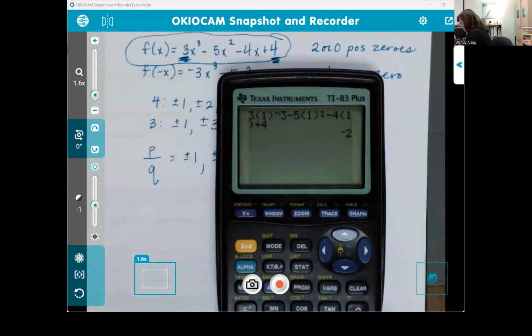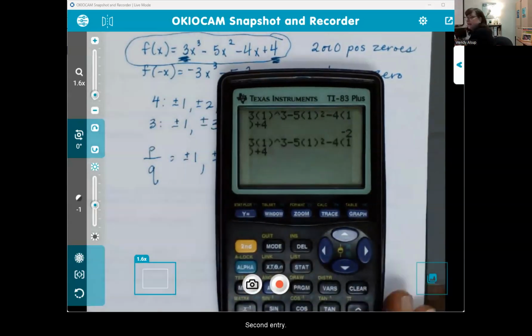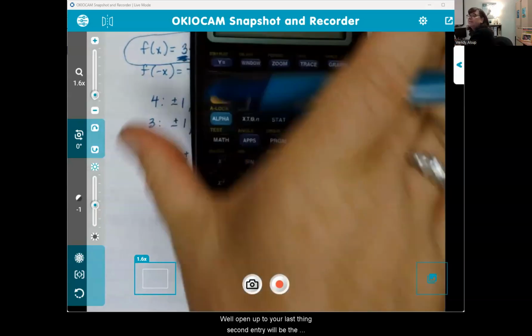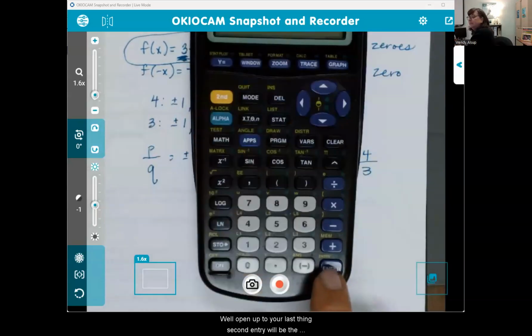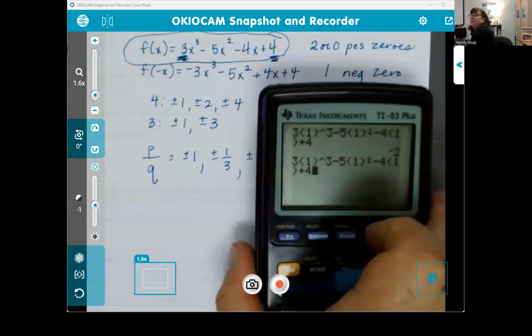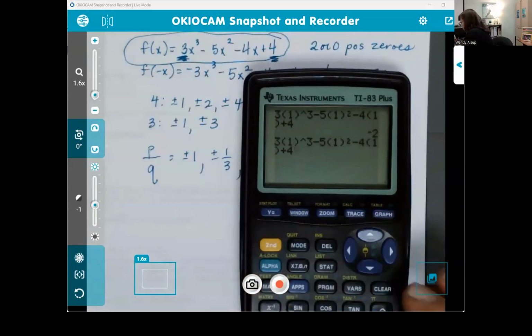Let's try negative 1. You can put the second entry, which will open up to your last entry, and then we can put just negative 1.